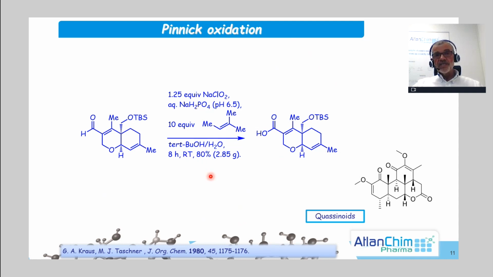As you can see from this slide, this alpha-beta unsaturated aldehyde was efficiently oxidized to this carboxylic acid in a good yield on a scale of nearly 3 grams.